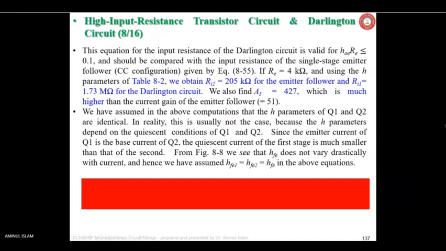Since the emitter current of Q1 is the base current of Q2, the quiescent current of the first stage is much smaller than that of the second stage. So the H parameters are not the same. A little variation will be there. From figure 8-8, we see that HFE does not vary drastically with current, and hence we have assumed HFE1, HFE2 equals HFE in the above equations.